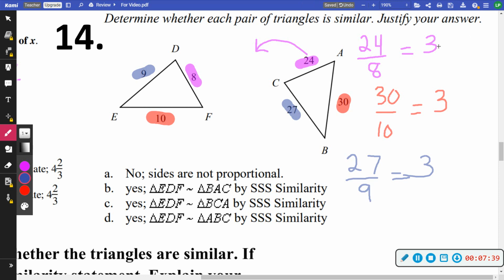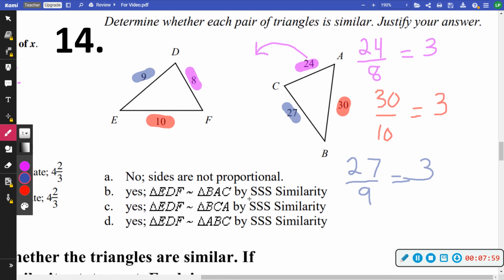It means that one side's proportionate, another side's proportionate, and the other side is proportionate, all by the same scale factor. Going from here to here is 3, the other way would be 1/3, but either way, they are the same. So I would say yes by SSS.